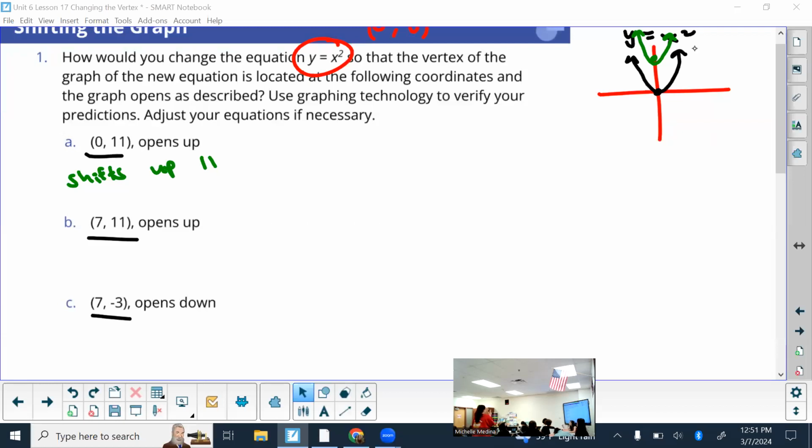Hi, for 1B, 7, 11, how does... or also let's go back to 1A for a second. Can you tell me what the equation for 1A would be if we know it shifts 11 up?